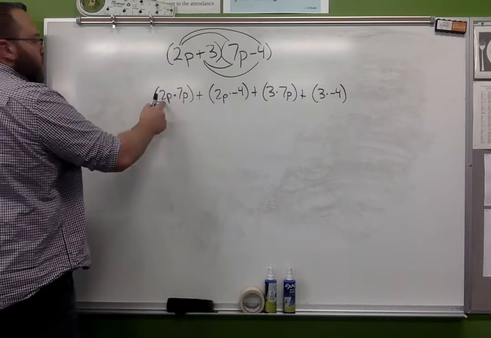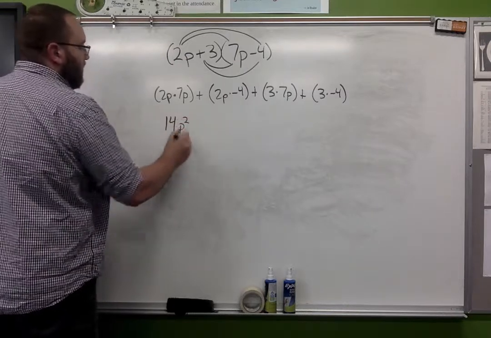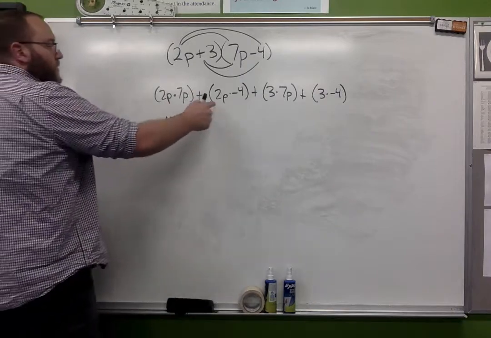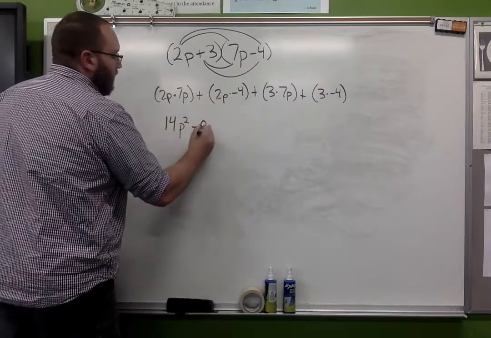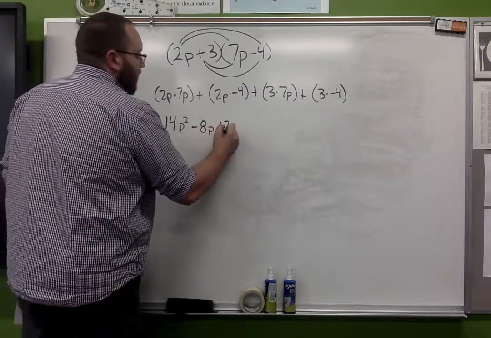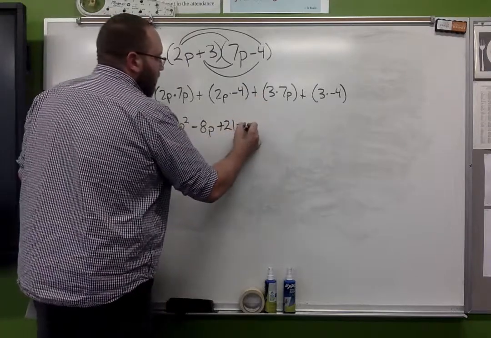Okay. 2 times 7 is 14. P times p is p squared. Right? 2 times negative 4 is negative 8 times p. 3 times 7 is 21 times p. And 3 times negative 4 is negative 12.